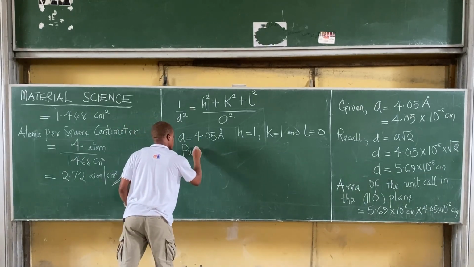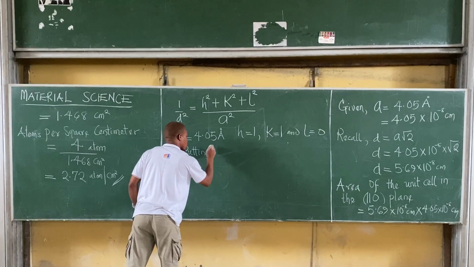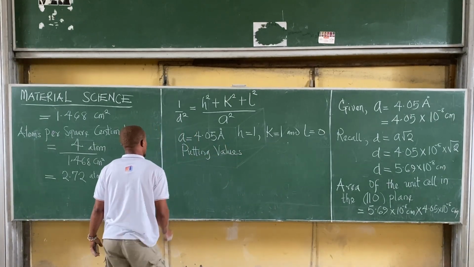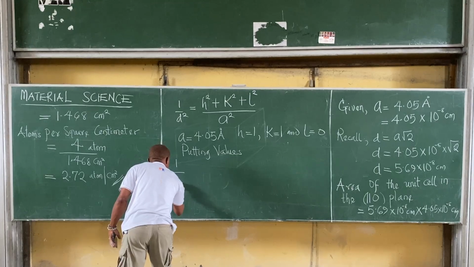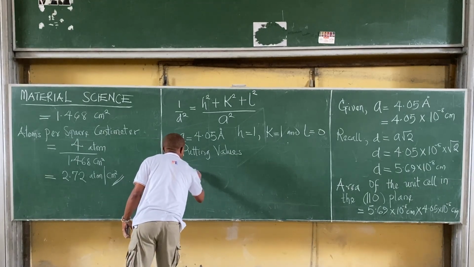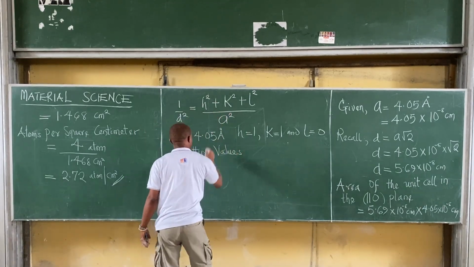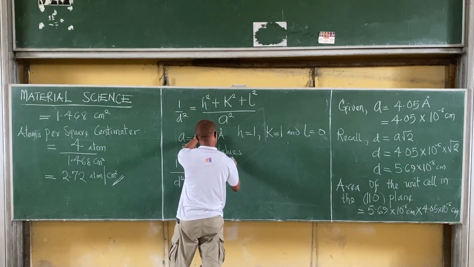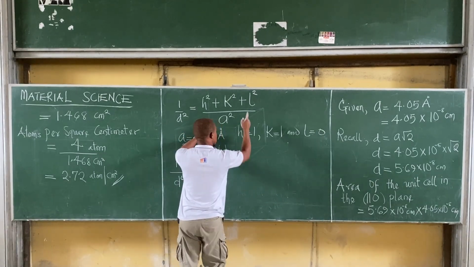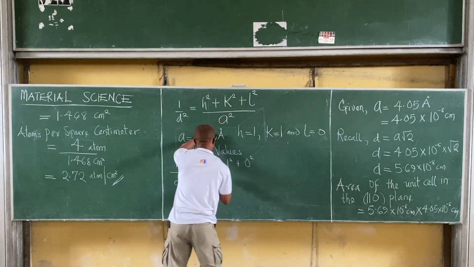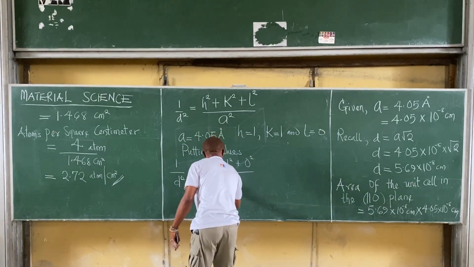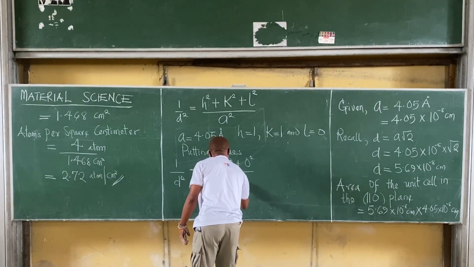Putting values, we get that 1 over d squared is equal to what? 1 squared plus 1 squared plus 0 squared, all divided by 4.05 squared.